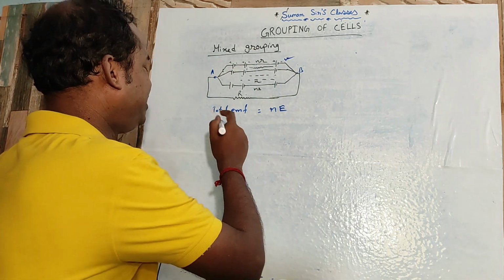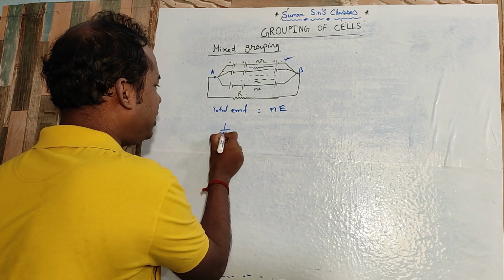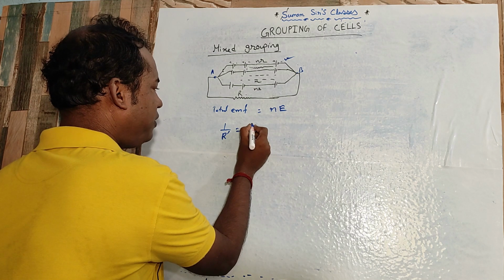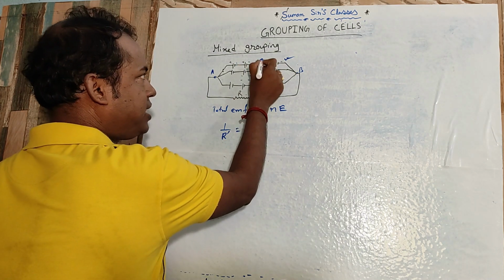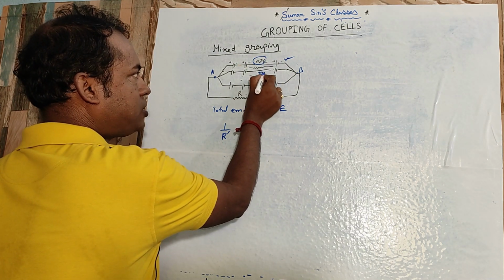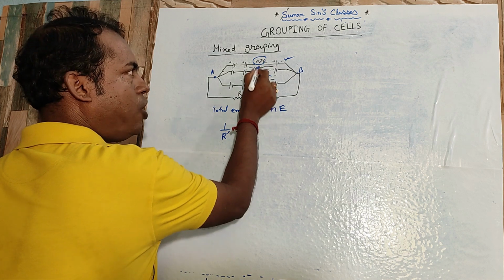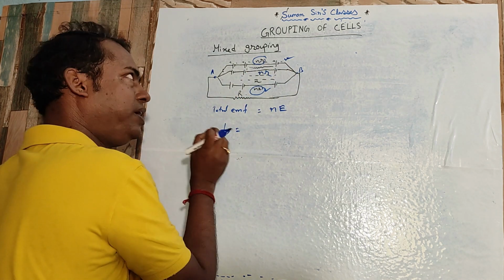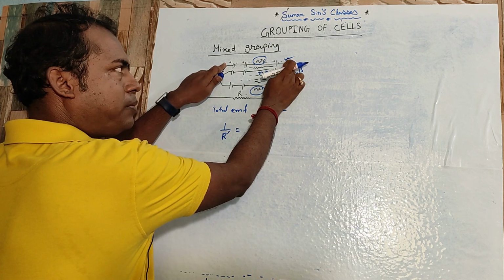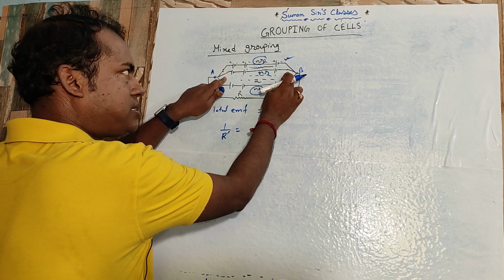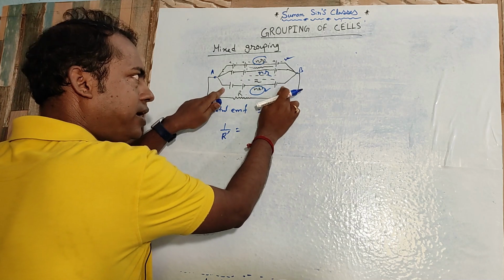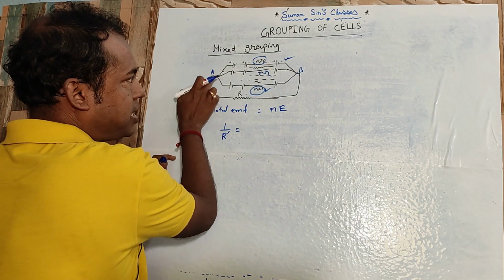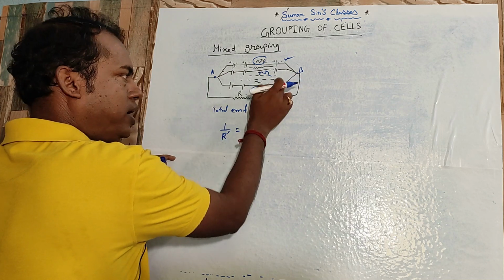This may be written as the total internal resistance R dash. All these lines have nr, this one is also nr, this one also nr, all these nr resistances are connected in parallel. We repeat once again: the first line has nr resistance, the second line nr, the third line, fourth line, the last line, nr resistance. All these resistances have the same starting point and ending point, so they are connected in parallel.